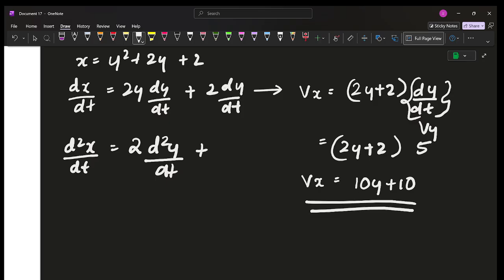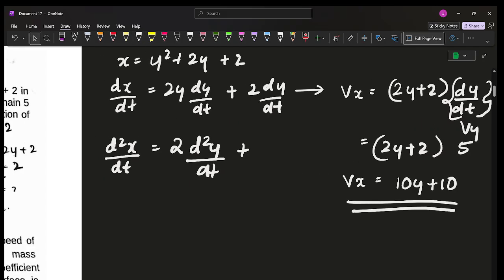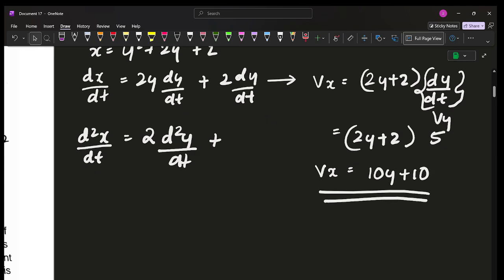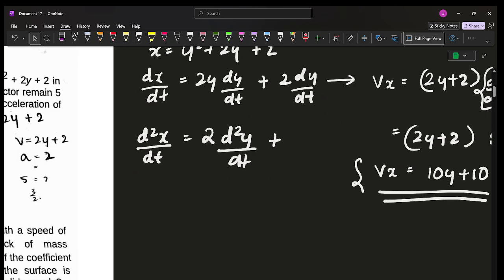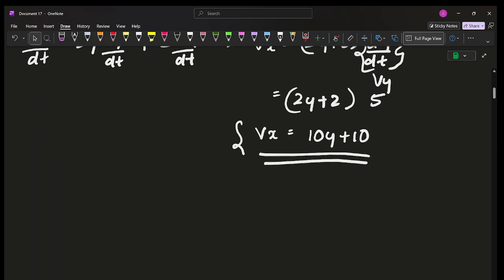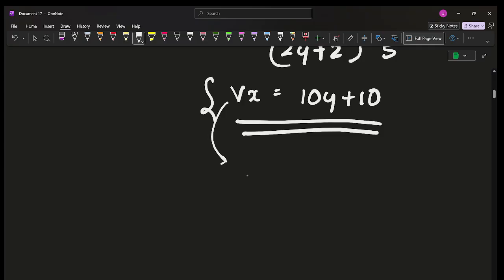And if I differentiate this itself, I'm getting 10 dy by dt.